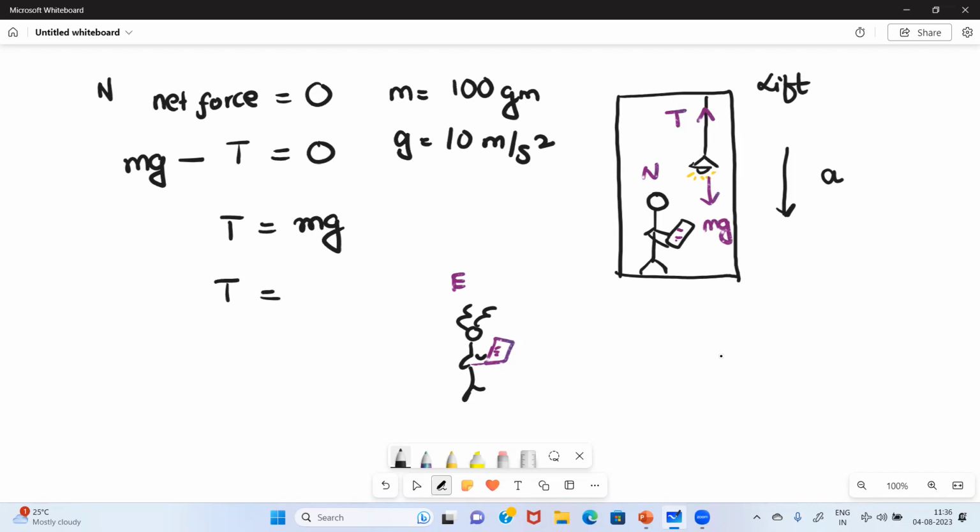Now, what will Mr. N report the tension as? 100 gram into 10 meter per second square. 100 gram is how many kilogram? 1 by 10. So 1 by 10 into 10 is 1. So he will say the tension on the wire is 1 Newton.